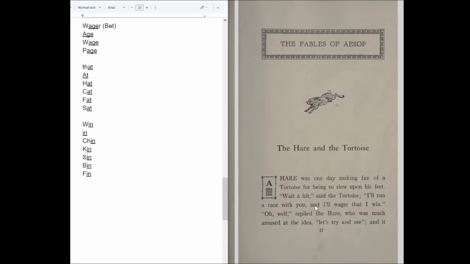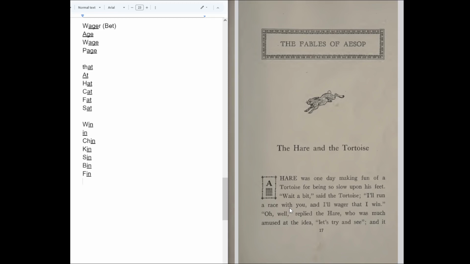Let's do it again. A little faster. Now we're going to go ahead and read it a little faster, closer to normal.